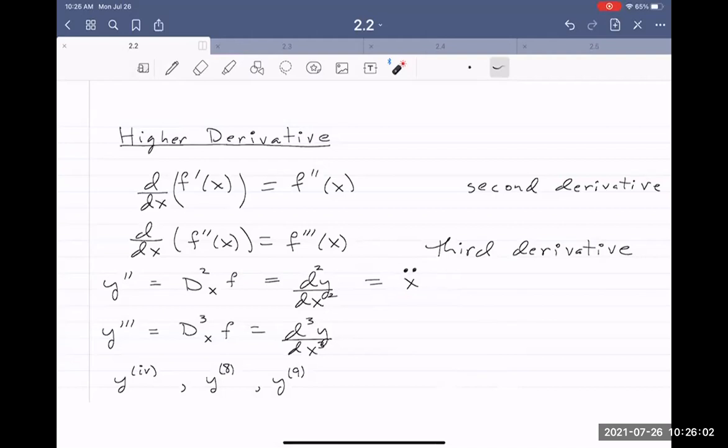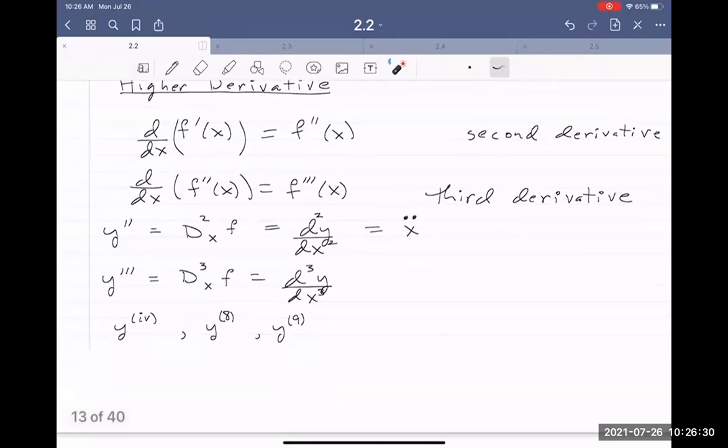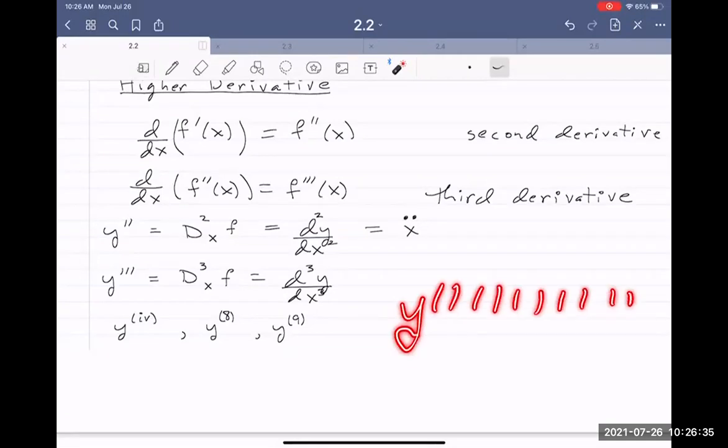Next, third derivative. Well, the notation is y triple prime, or d sub x cubed at f, or Leibniz notation, d cubed y over dx cubed. So again, just like before, you just sort of don't write the parentheses. Now, the problem with the prime notation is, well, if you have a lot of derivatives, it's hard to figure out what the heck's going on.